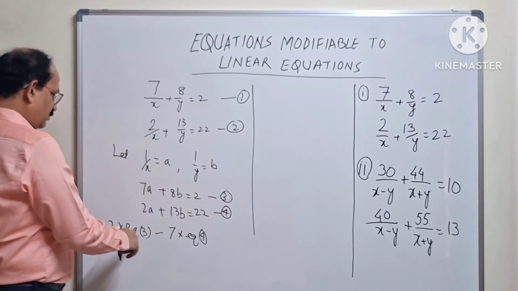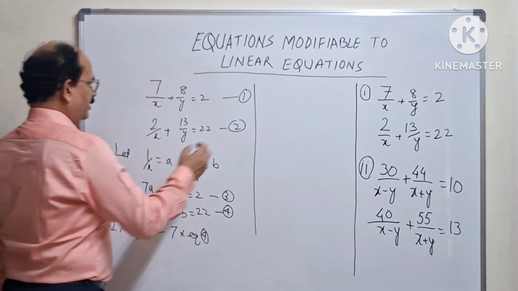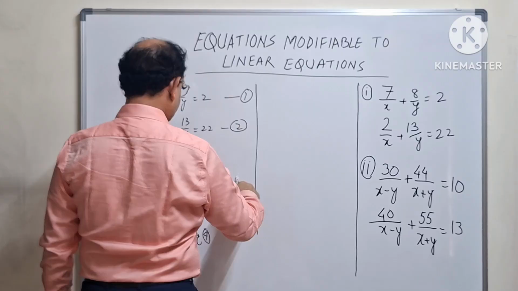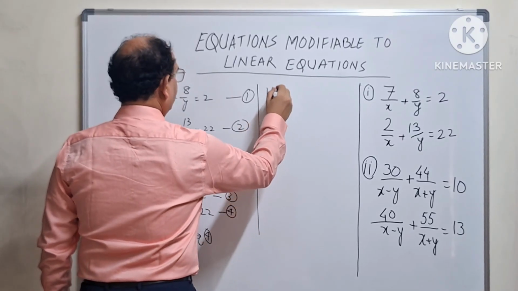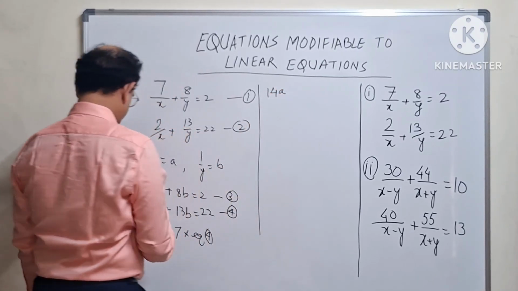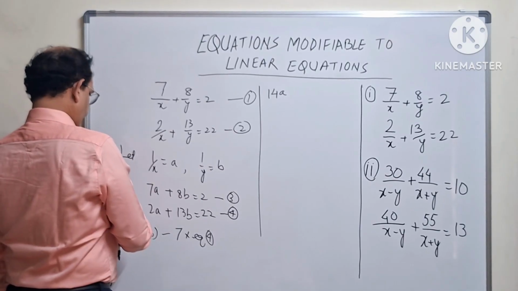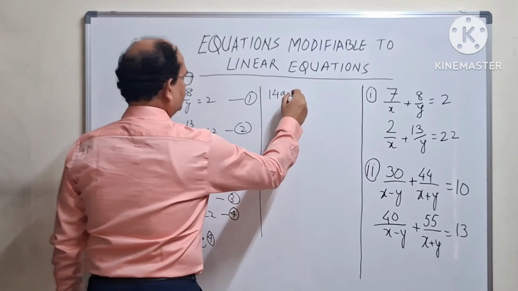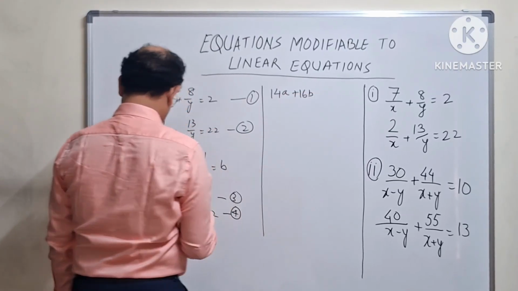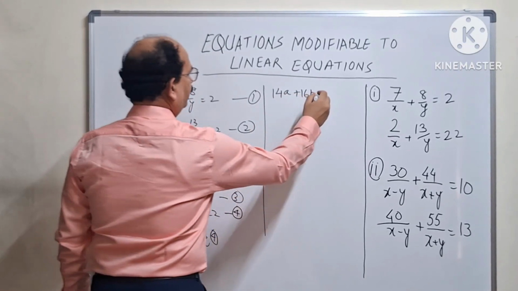So if we do that, let's see what we get. Equation number 3 becomes 14a plus 16b is equal to 4.